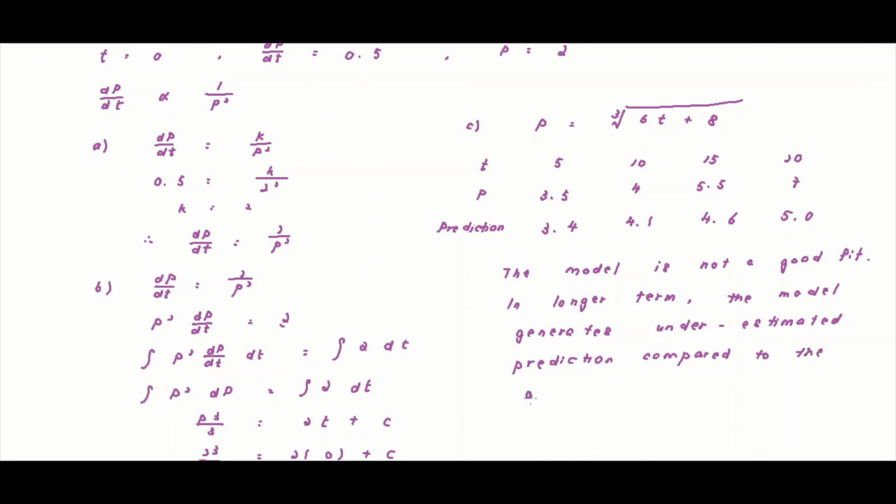You can also rephrase the whole thing. If you want to say that the model is not a good fit, the values generated from the model are underestimated compared to the actual data in the long run. The idea is that you need to give the reasoning. At the starting it is okay, but when it goes to 15, 20, the model gives you numbers that are underestimated compared to the actual data.